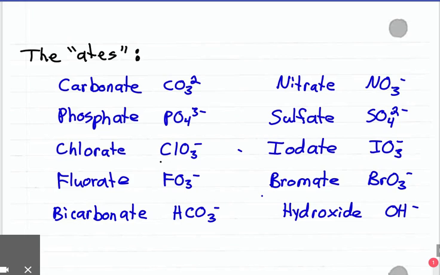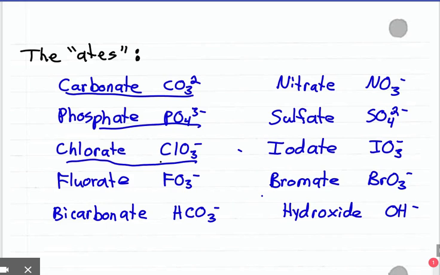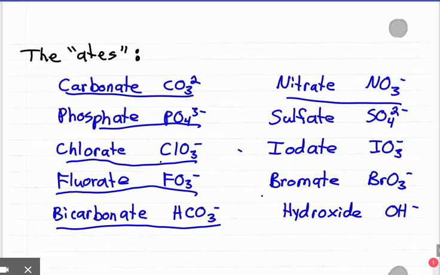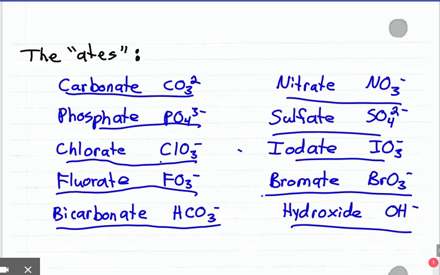We have carbonate, phosphate, chlorate, fluorate, bicarbonate, nitrate, sulfate, iodate, bromate, and hydroxide. All of them are a group of nonmetals bonded together that carries an ionic charge. So this is a -2 here.